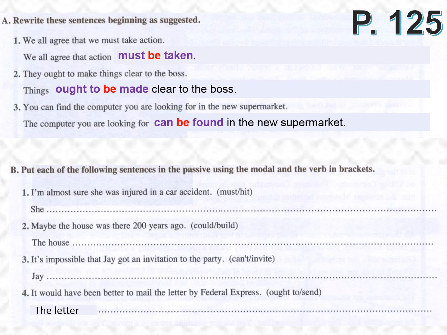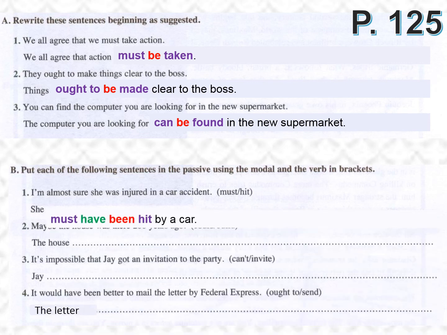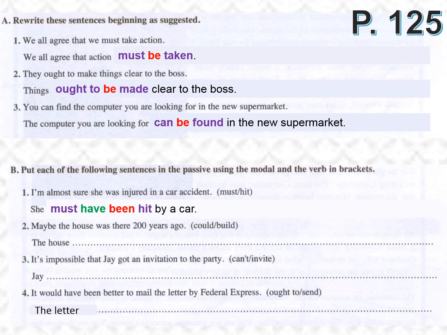We use the modal must and the verb hit. So we can say, she must have been hit by a car. So we know that the modals in the past have the structure of modal plus have been plus the verb in the past participle.